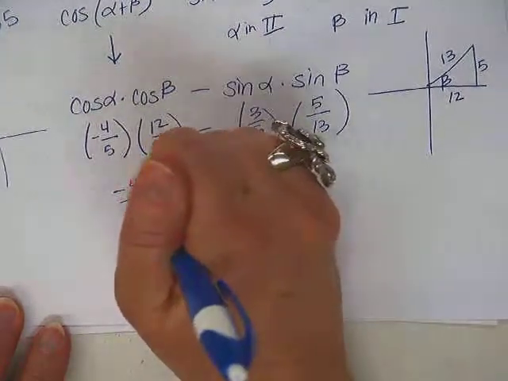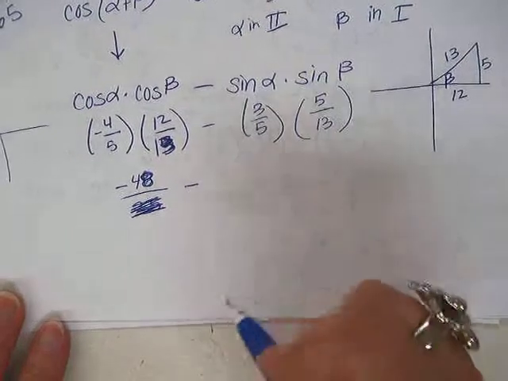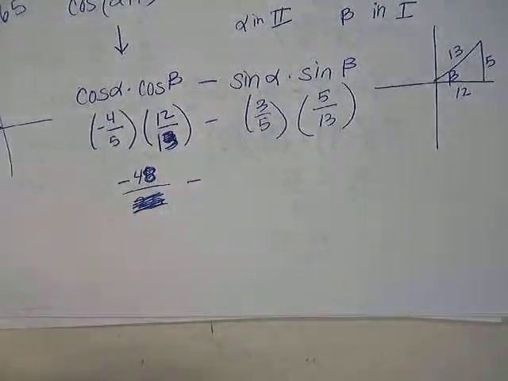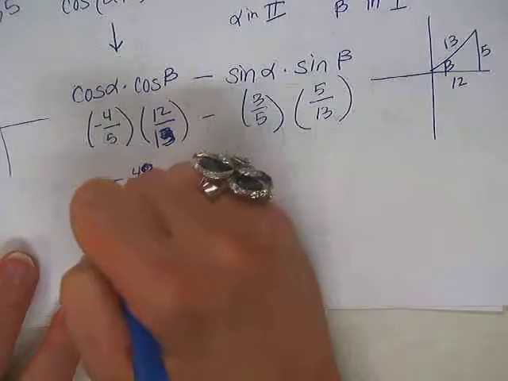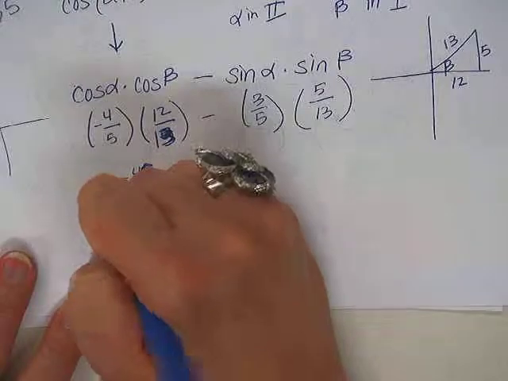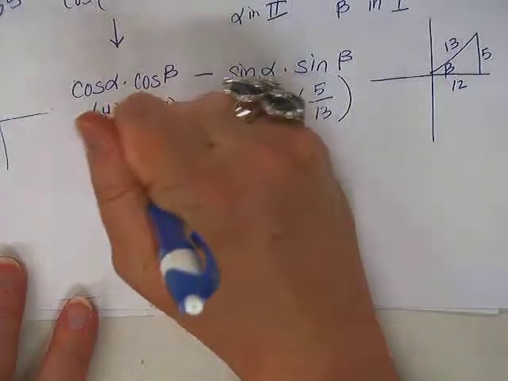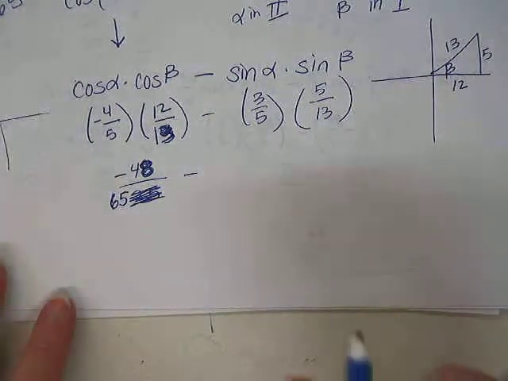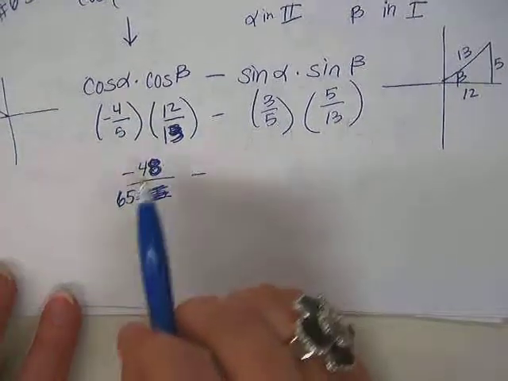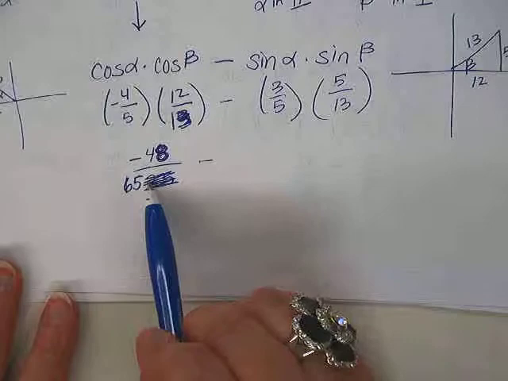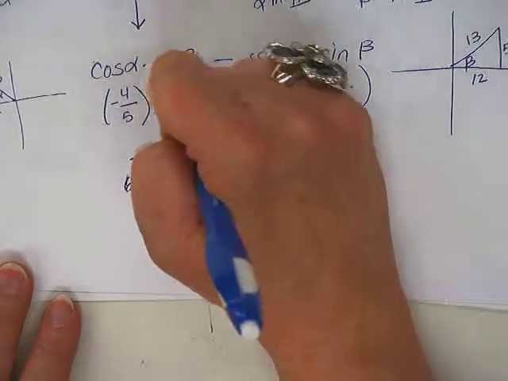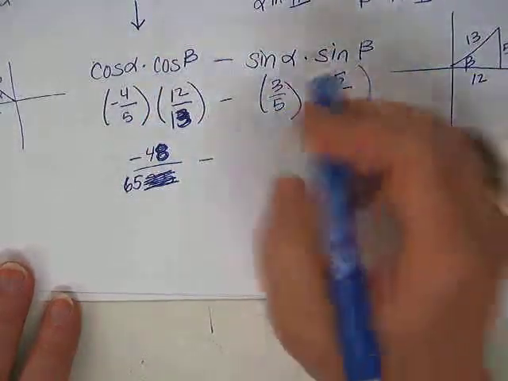Thank you. 12 times 4 is 48, and 5 times 13 is 13 more than a deck of cards, so 52 plus 13, 65. Thank you. When I do my 13 times tables, I always base it on a deck of cards. Is that silly? Okay. Yeah, it is. Sorry. So 4 times 12 is 48, and 5 times 13 is 65.